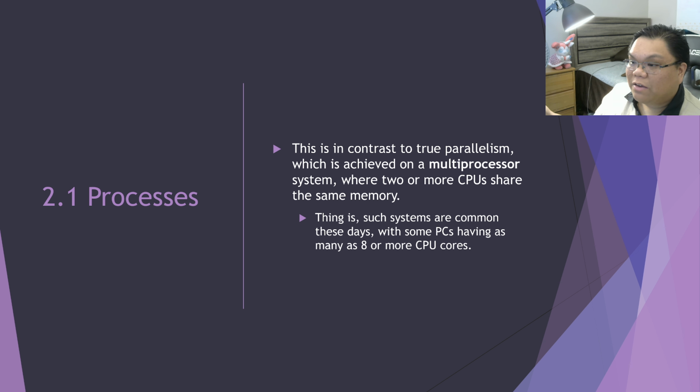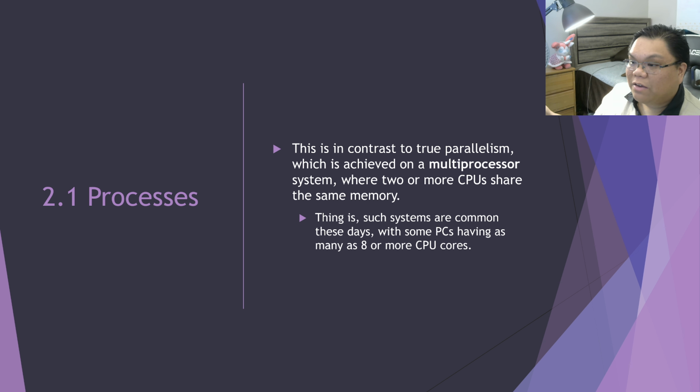Anyway, let's look at the process model. In the process model, all the software on the computer, and this may include the operating system, is organized into a number of sequential processes, or simply processes. A process is an instance of an executing program. This is going to contain all the values in the registers, the program counter, all the other registers it has, and so on.